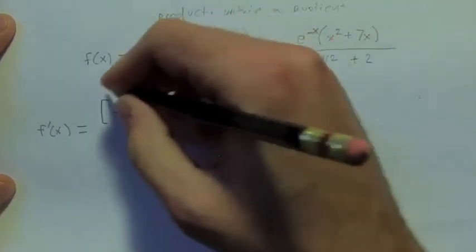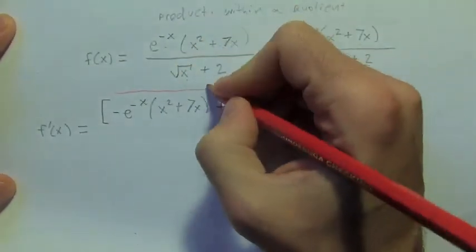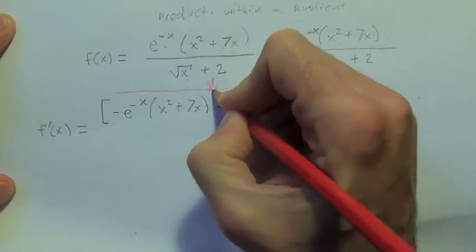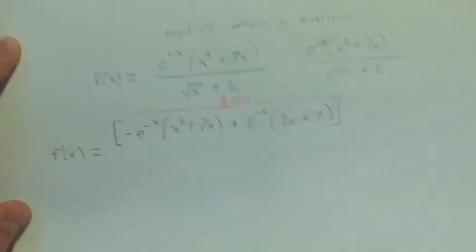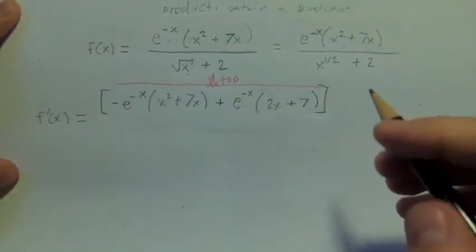This whole thing in brackets is the derivative of the top. It just happened to be a product rule.